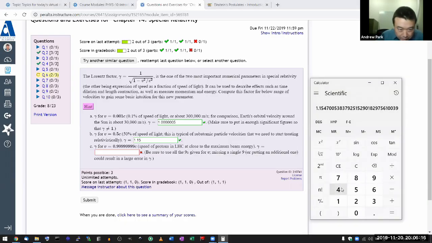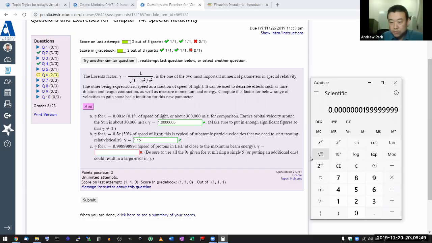So here, let me just do that. So I'm going to start out with V over C squared. So it's 0. Let me count that. 9. Okay, 4 more 9s. 1, 2, 3, 4. Okay, that's the given V over C. Square it. Put that into memory. 1 minus that memory stored number equals that.